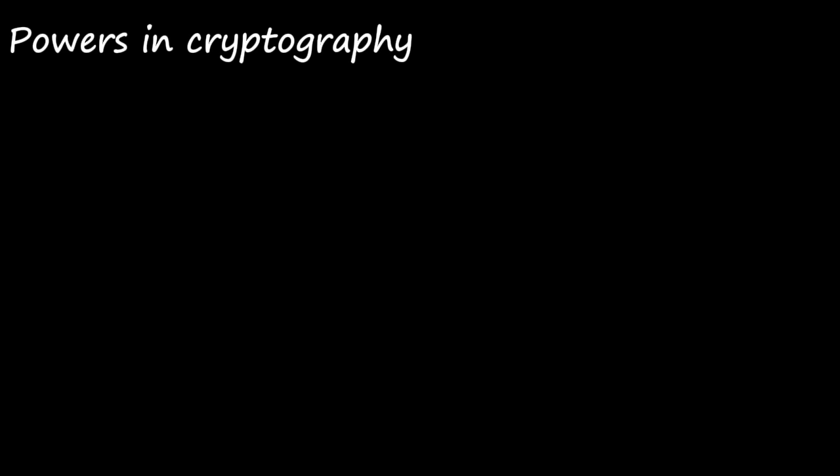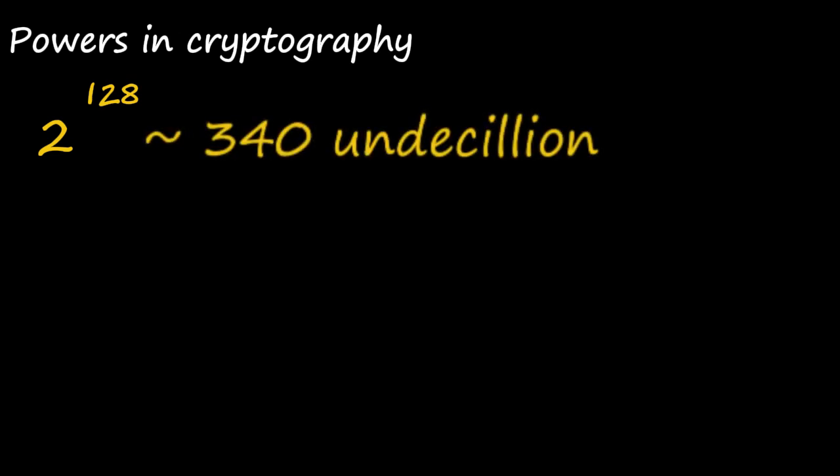Why does cryptography love powers? Modern cryptography relies heavily on very large numbers. For example, 2 to the power of 128. This number is unimaginably large. It is approximately 340 undecillion. Why is that important?